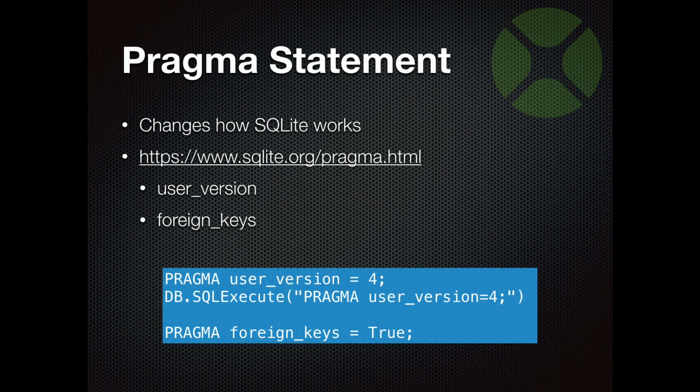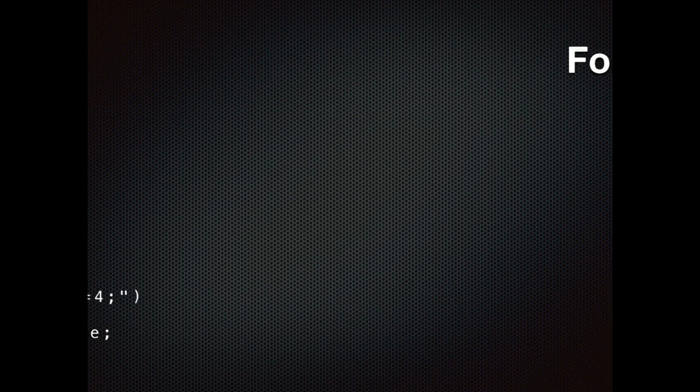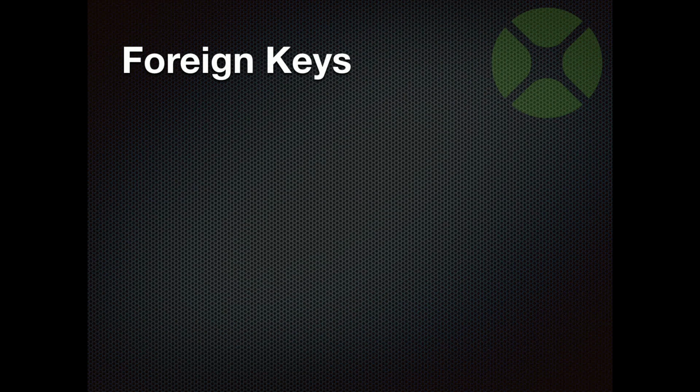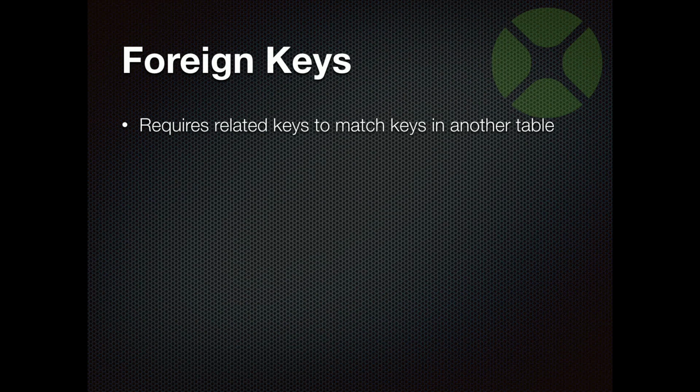All right, and foreign keys, which we'll talk about momentarily, can also be enabled using a pragma. Speaking of which, foreign keys is when you're relating two tables. This requires related keys to match keys in other tables. Now, you can obviously set up a database to do that. You can have a team table that has team IDs and then a player table that has a reference back to which team they belong to.